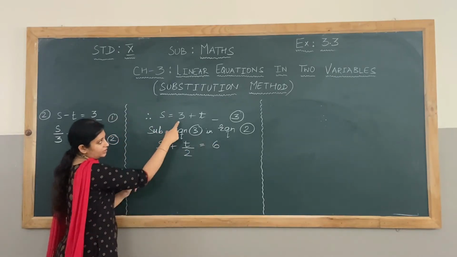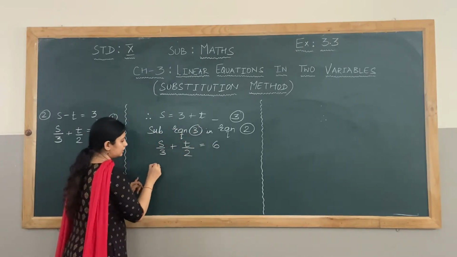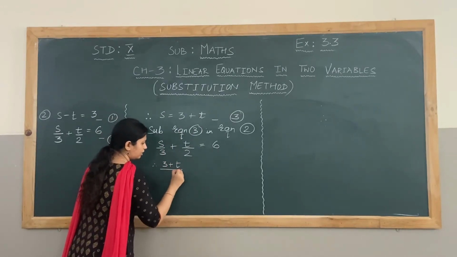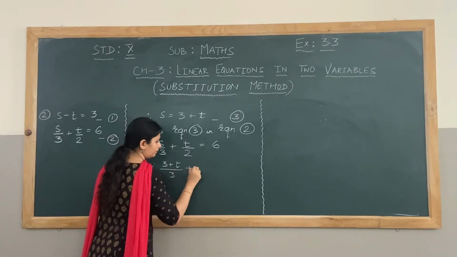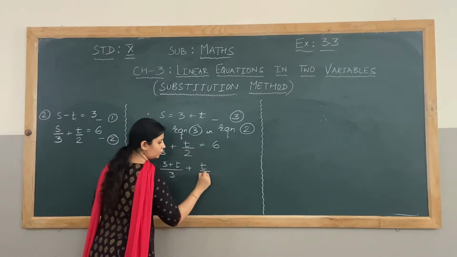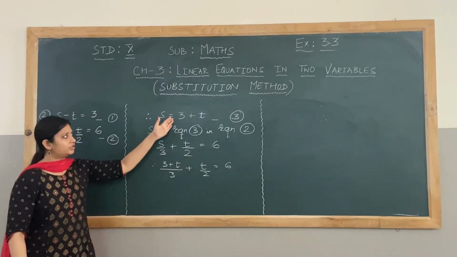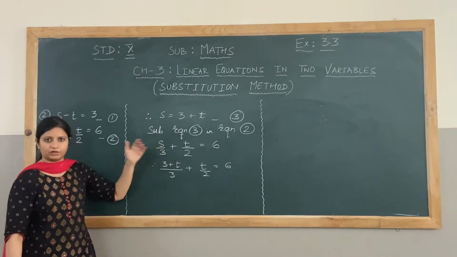Now instead of s, what am I supposed to write? 3 plus t. Therefore (3 plus t) upon 3 plus t upon 2 is equal to 6. I have substituted this value of s in equation number 2.